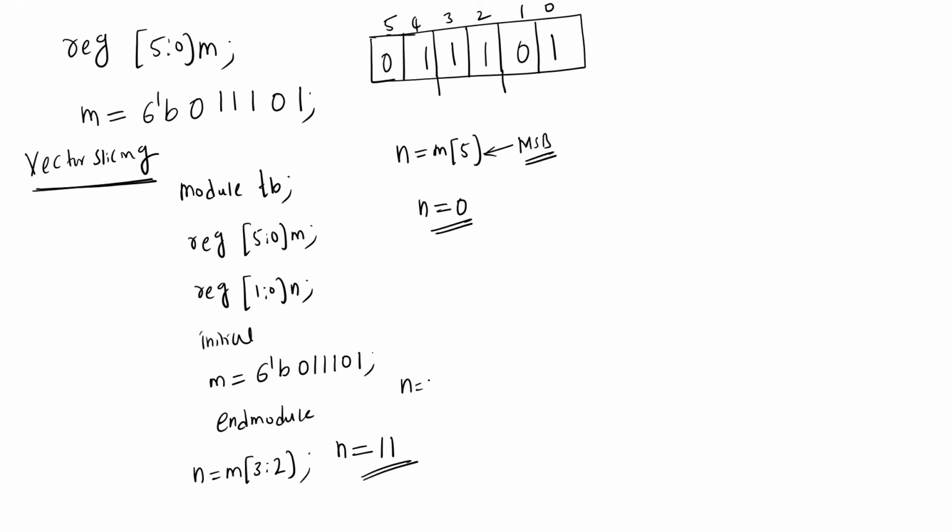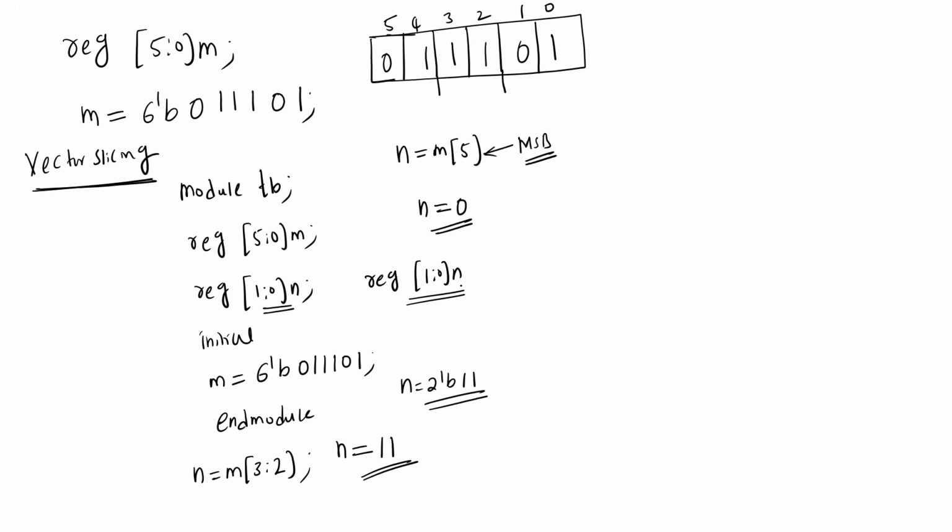We are taking the 2 bits, and we have already decided the size of n equal to 2 bit in the range 1 down to 0 n. Sir, suppose somebody took size of the n like reg 1 down to 0 n, and at the bottom line he takes more than 2 bits of the m. Then sir, what will happen?